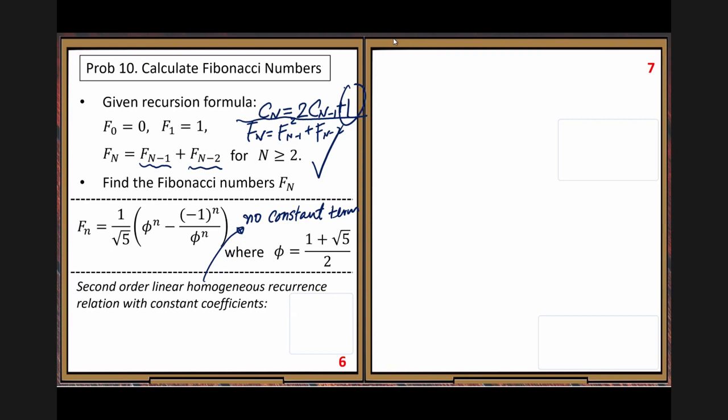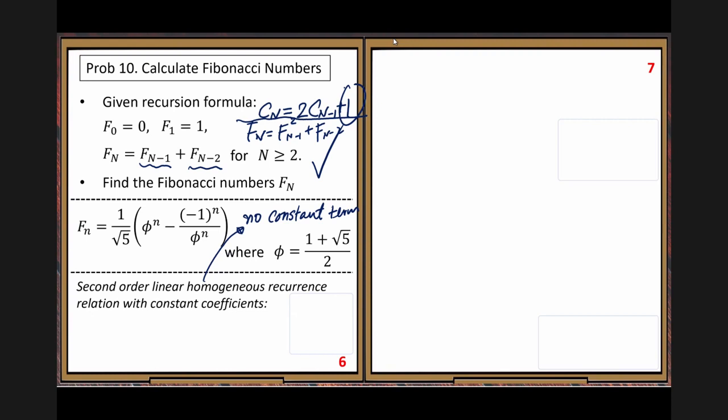So the first step, we want to remove the constant term. Remember, we introduced the D sequence: we add 1 to both sides, so we can define a D function. After that, the constant is gone and we get a homogeneous equation. That's a good property, it makes the question easier.